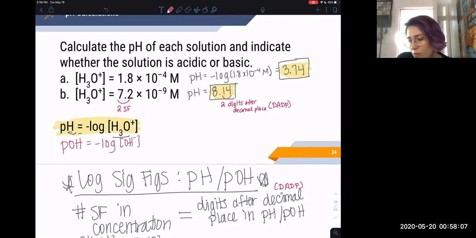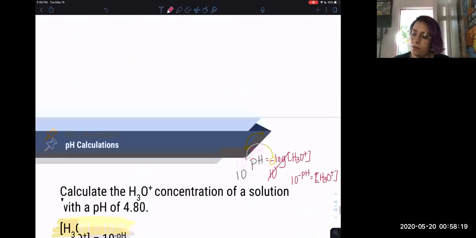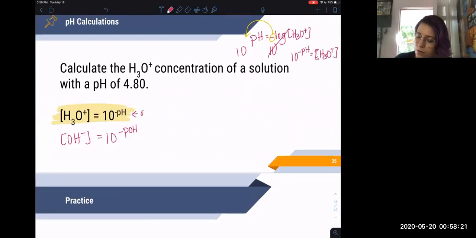Okay, so in red are the ones you don't get, need to know. And this is what you get on the periodic table. But they're exactly the same if you know how to just manipulate the OH to the H.